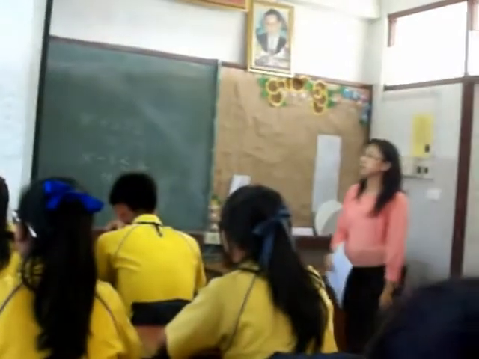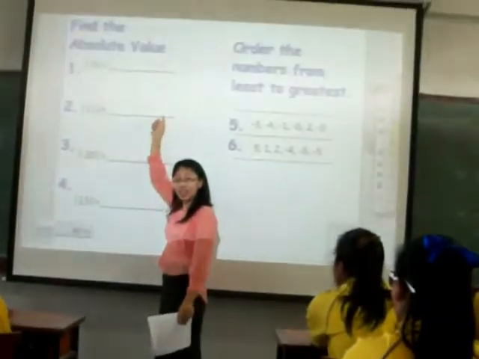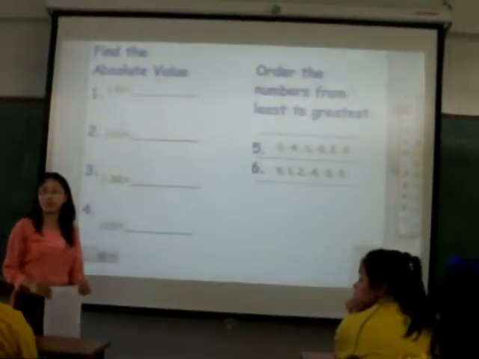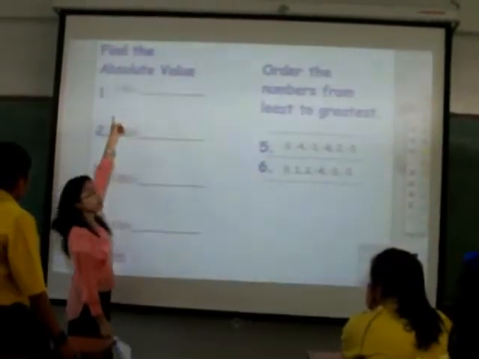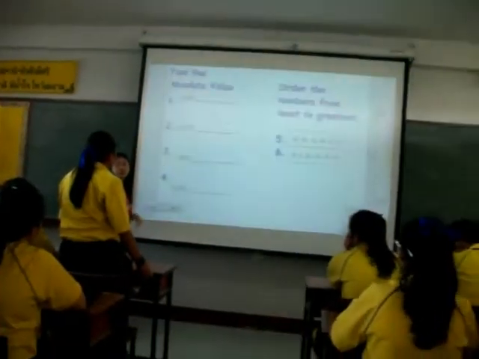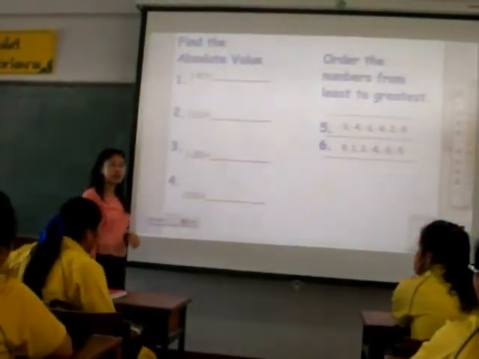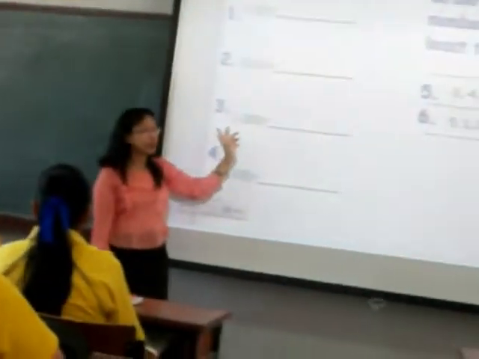Find the absolute value. One by one. Number 4, stand up. Find the absolute value. Number 1: 6. Good. Number 7. The answer is number 2: absolute value of 11 is 11.